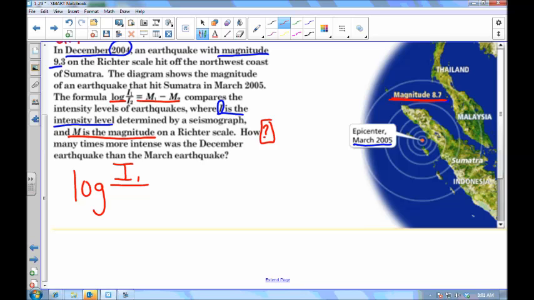That's the magnitude. So do we know the intensity? We actually don't know the intensity of either one, right? Now we do magnitude 1 minus magnitude 2. Good. 9.3, December's magnitude, minus 8.7, March's magnitude.